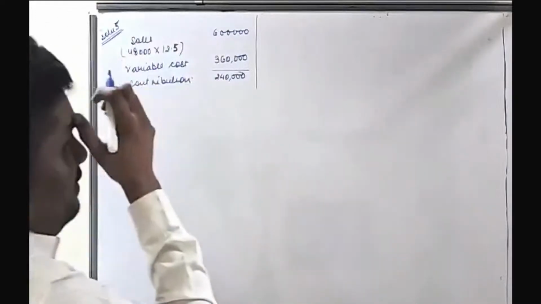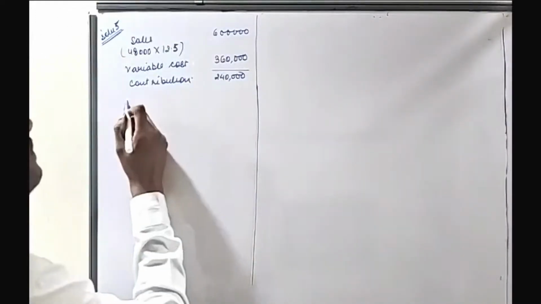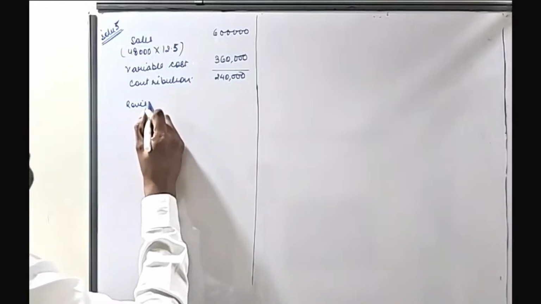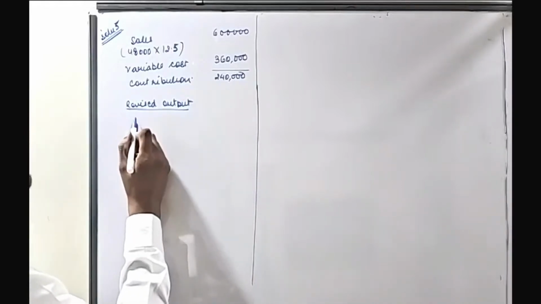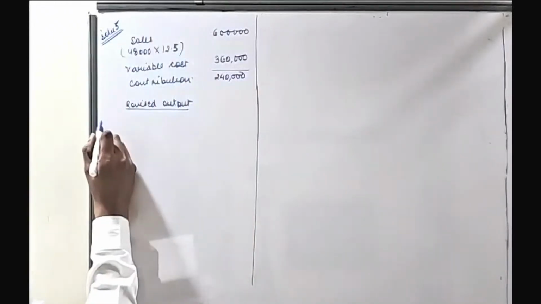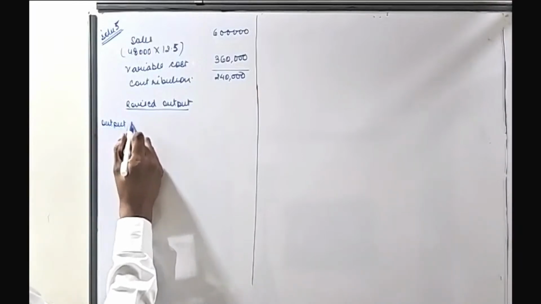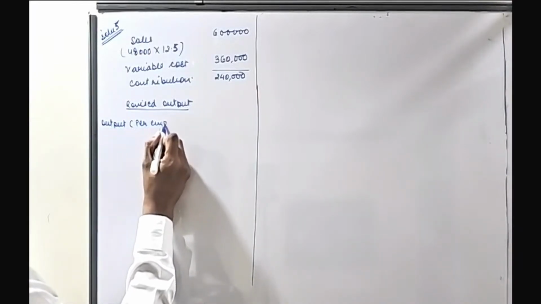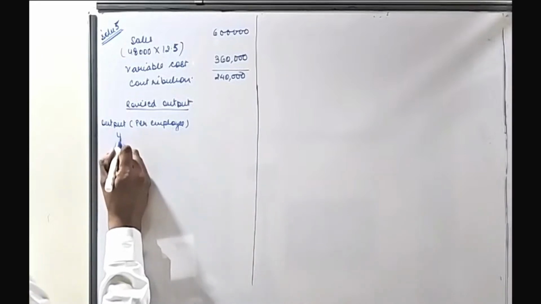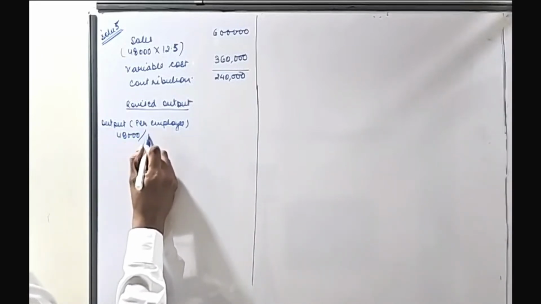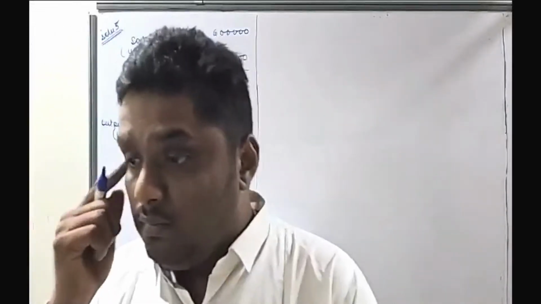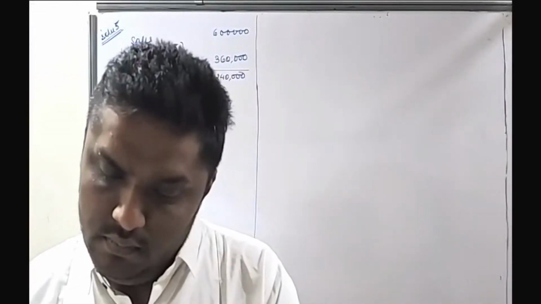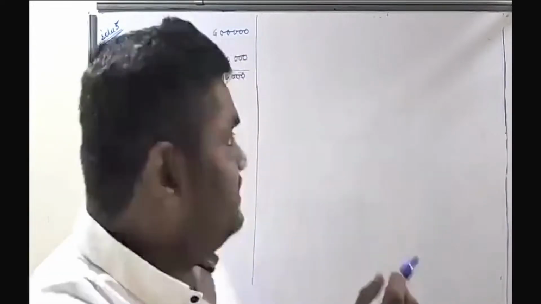So see, the revised output now. Output per employee is how much? Total output is 48,000 and the employees are 160. That is 300 units.